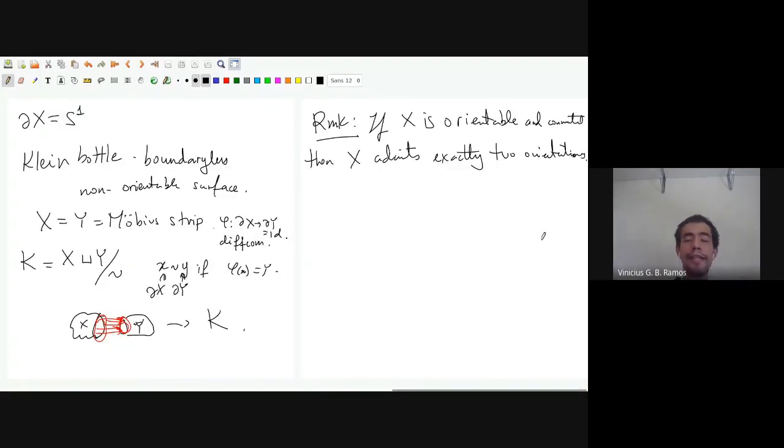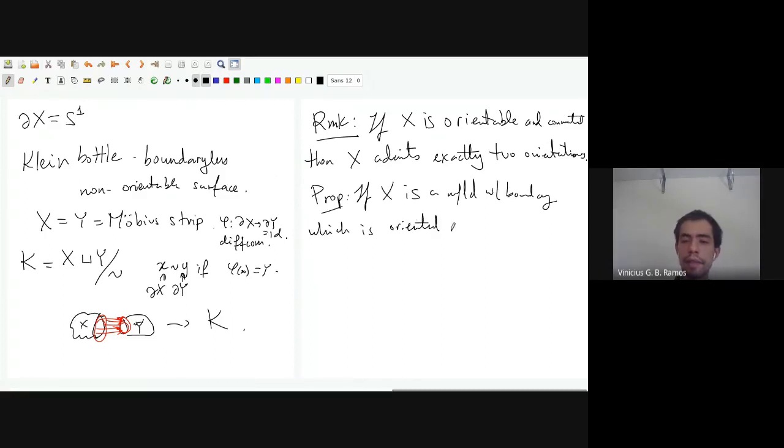But having a boundary is great, because if you have a boundary, then we have an induced, maybe I can call this a proposition: if X is a manifold with a boundary, which is oriented, then the boundary of X inherits a natural orientation.